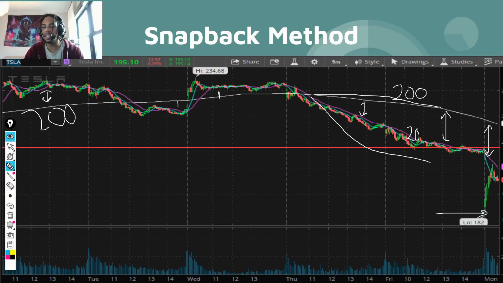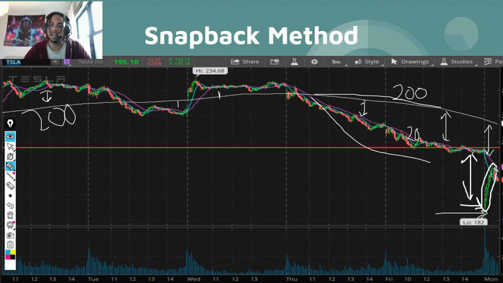Not only that, the price is all the way down here. So it's an easy snapback play. And as you can see, in the first 30 minutes, there's huge buying power back to the upside.